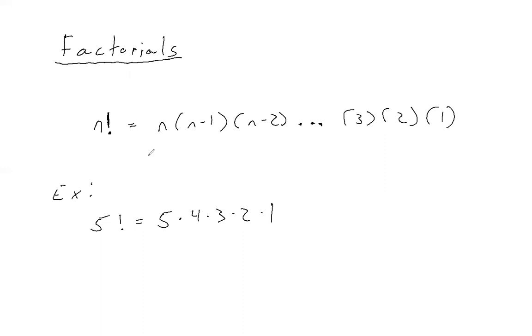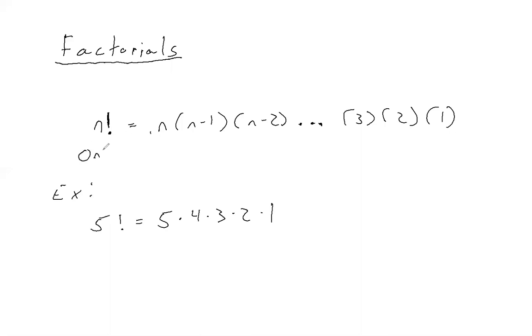Okay. So let's first look at the definition of factorials. n factorial, we denote it n with the exclamation point. What is that? It's when we multiply n by n minus 1, by n minus 2, and so on, all the way down to 3, 2, and 1. As you may be able to tell, the factorial is only defined for integers.